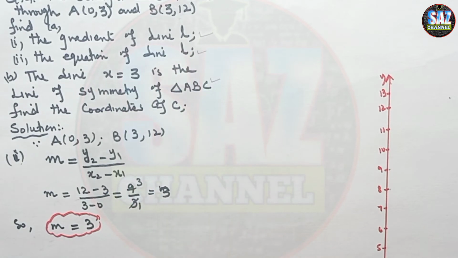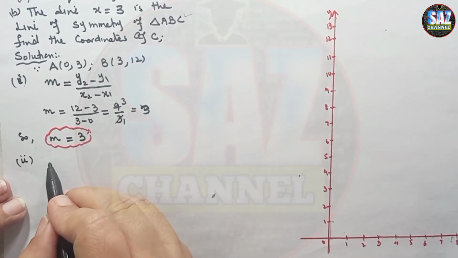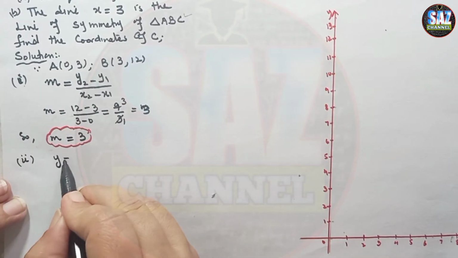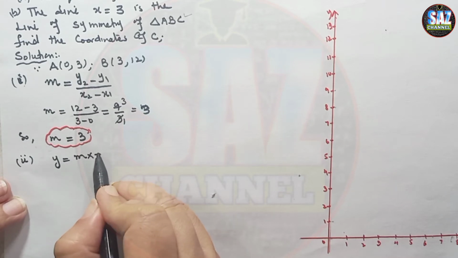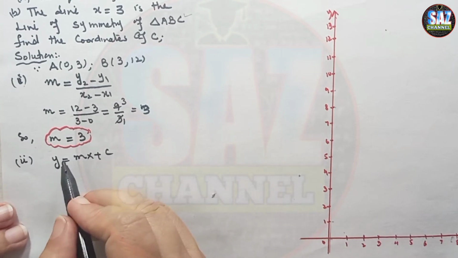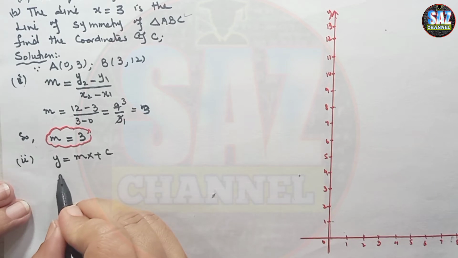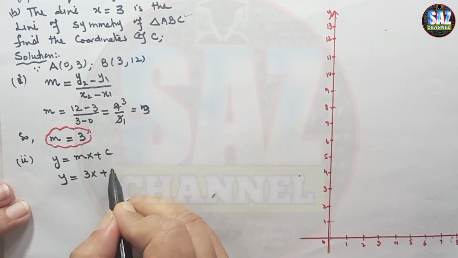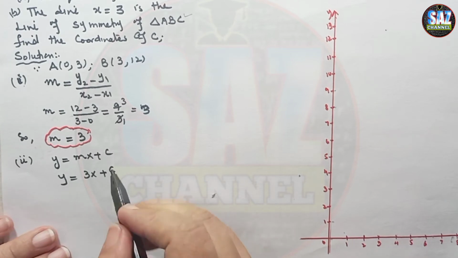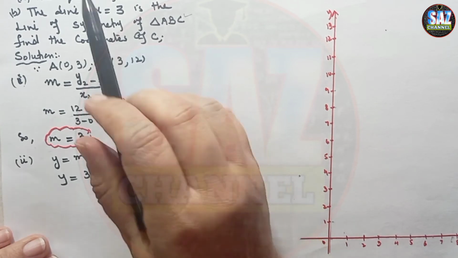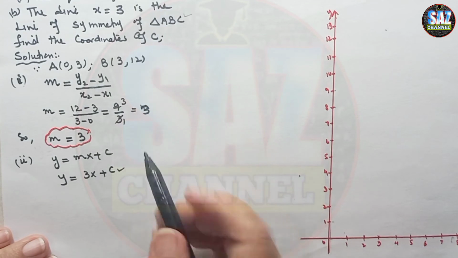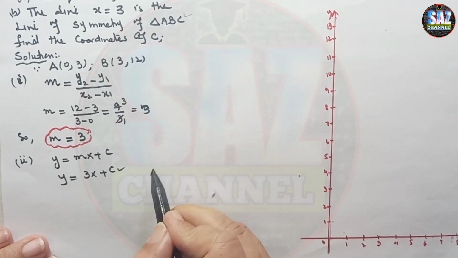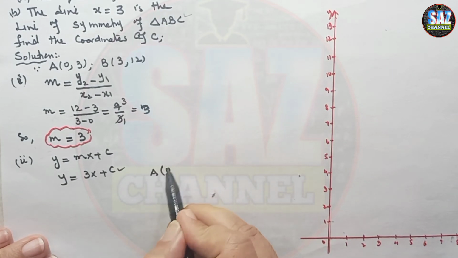The second is the equation of line. Recall that the general form of the equation of a non-vertical line is y equals to mx plus c. Now m we already have calculated. Then the equation will take the form y equals to 3x plus c. Now in order to find the value of c, we can pick up any one of the points which are given in the question and try to choose the point for which you have to perform less working.